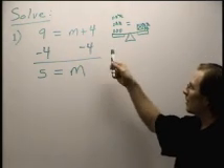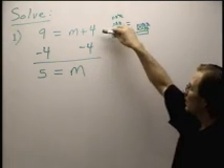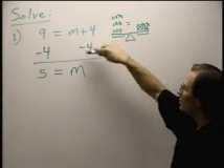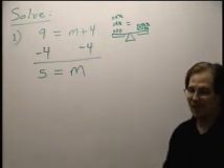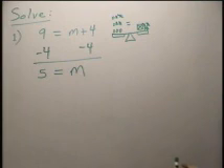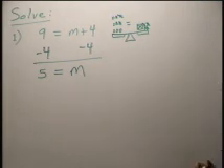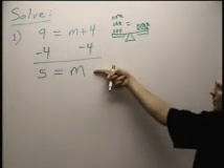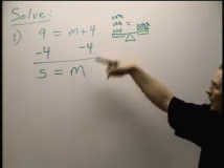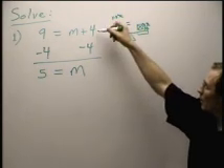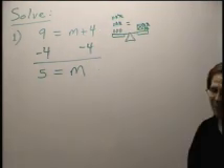And I can do that, in this case, by subtracting 4 from both sides of the equation. And in general, we can add or subtract the same number to both sides of the equation, and we will get an equivalent equation. This equation is equivalent to this one. And so we see that the solution of our original equation must be m equals 5.